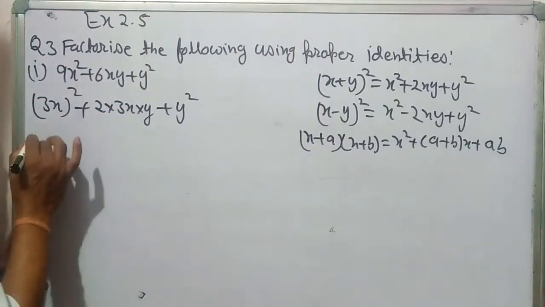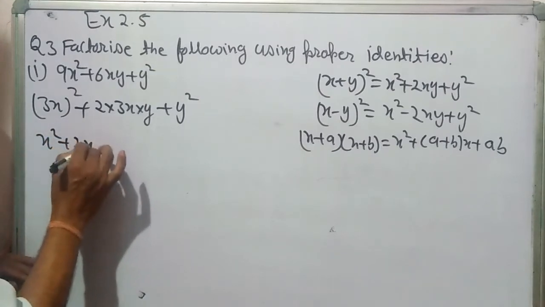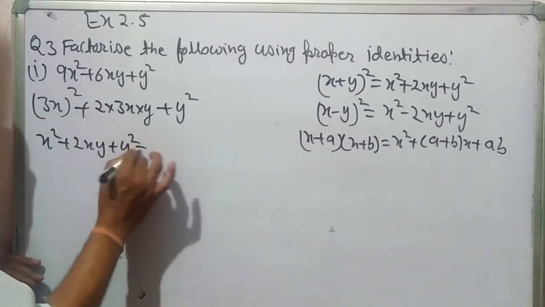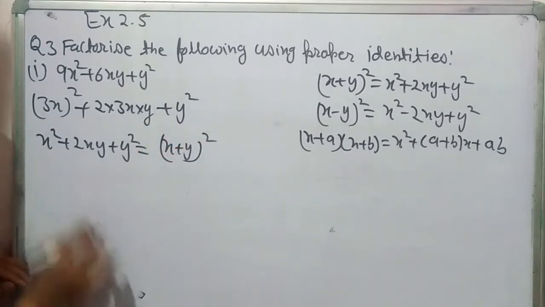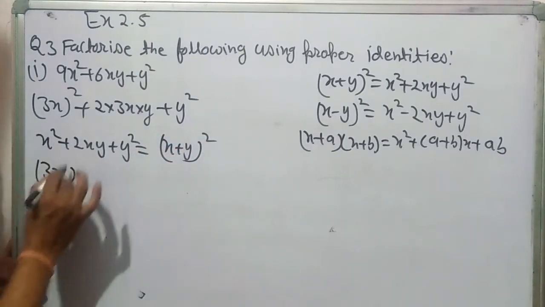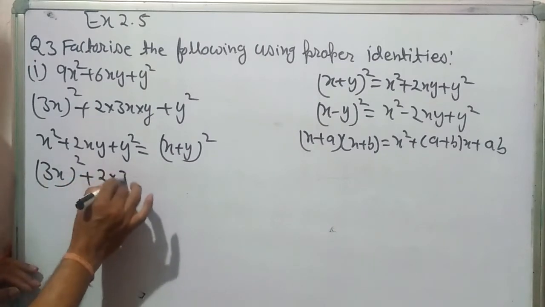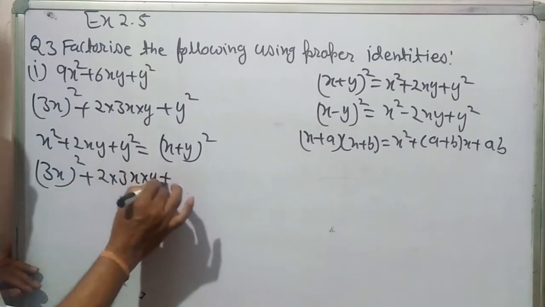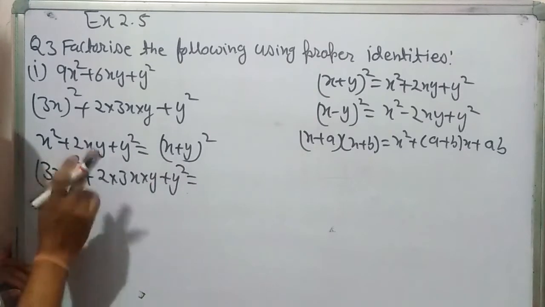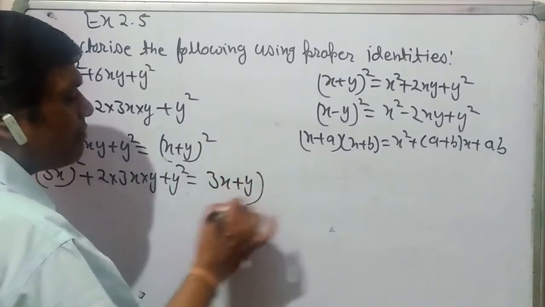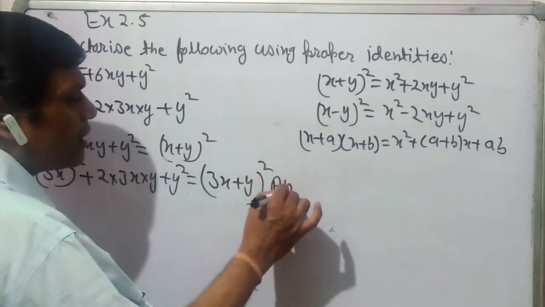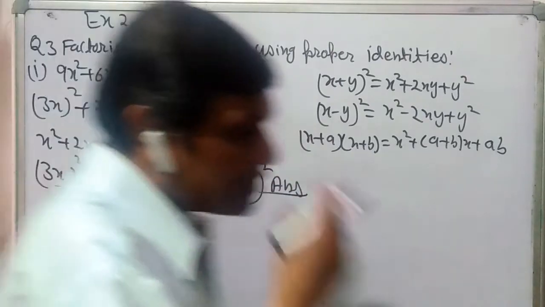So we can write the identity first. x square plus twice xy plus y square is (x plus y) whole square. That means (3x) square plus 2 multiplied by 3x multiplied by y plus y square should be (3x plus y) whole square, where x is 3x and y is y. This is the answer.